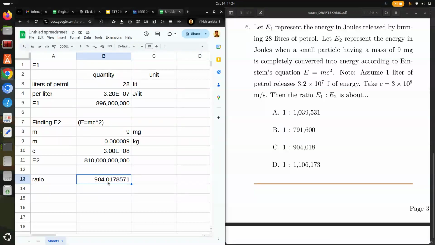Whether it is really 904 or 9 lakh 4,000 is what we need to check. C should be in meters per second, and this one should be kgs. If I take this as 9 grams, then it will match one of the answers.